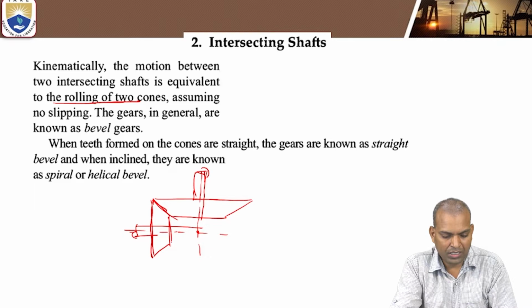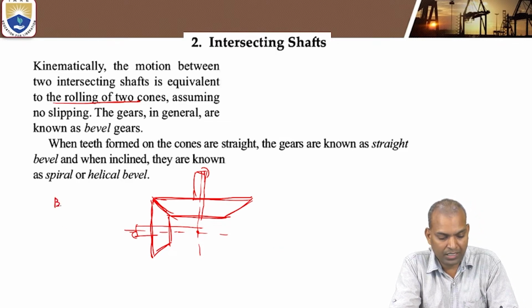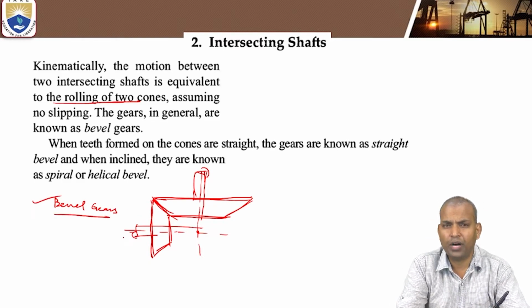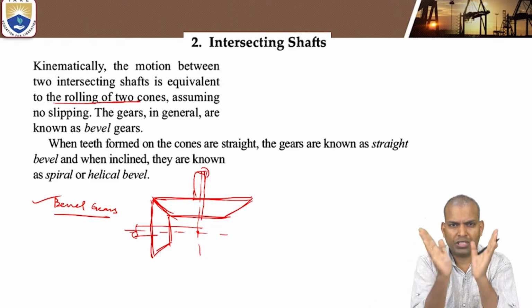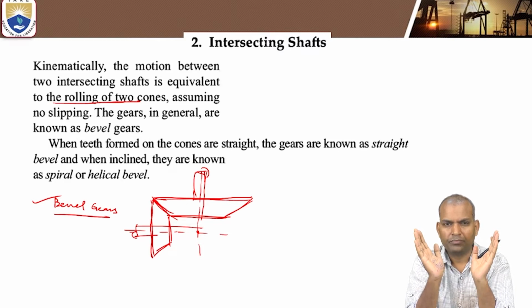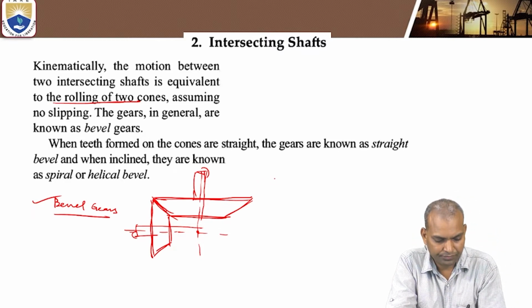These are the types of intersecting shafts. This type of gears is known as bevel gears. When the teeth formed on the cones, which are conical in shape, are straight, the gears are known as straight bevel gears.